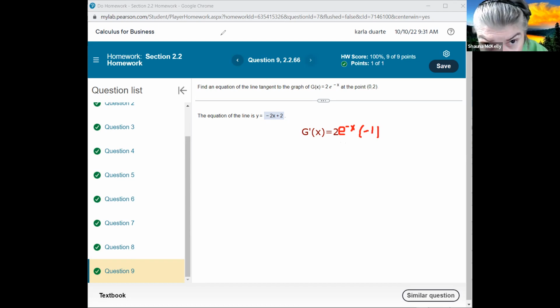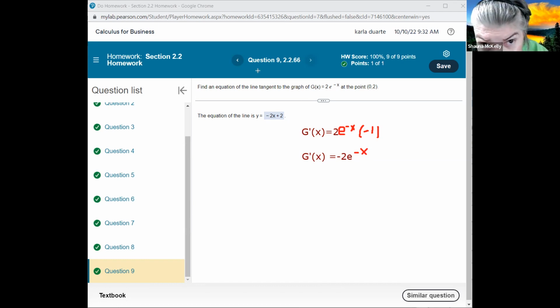So this derivative, g prime of x, is going to be equal to -2e raised to the power of -x. Okay, that's all this is. Now, if you want, you can bring this down for easier substitution.